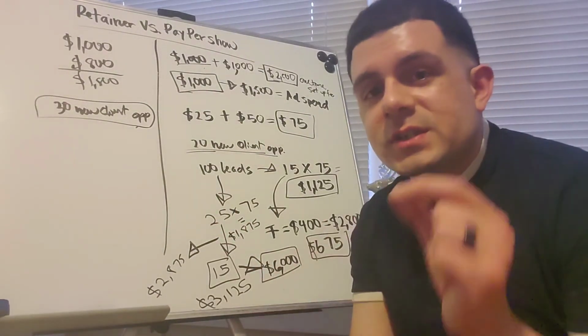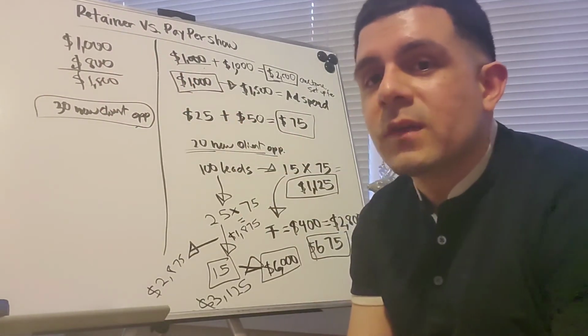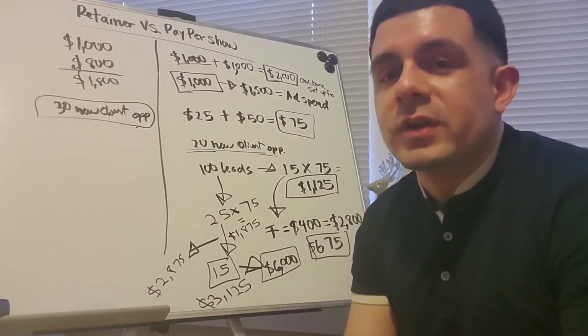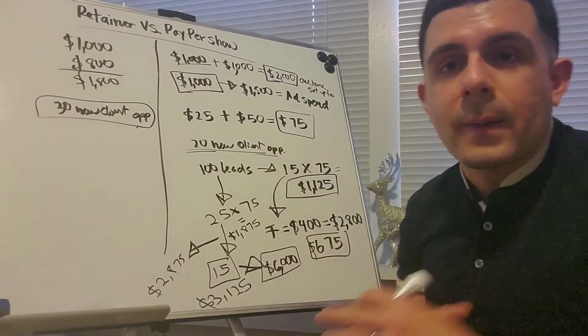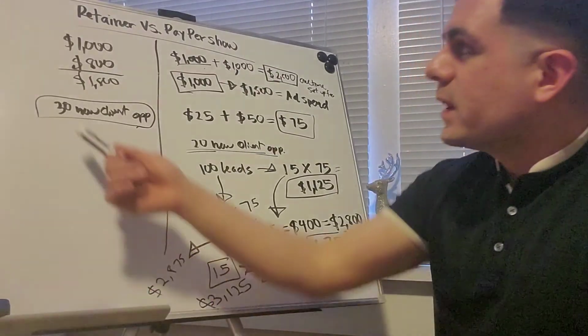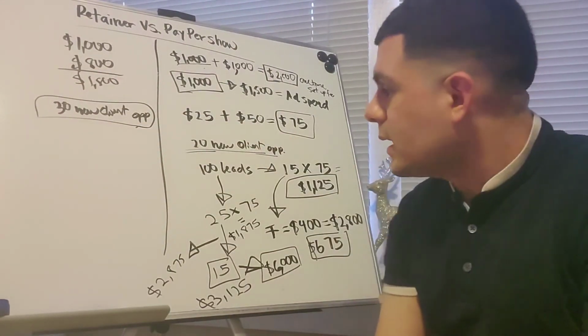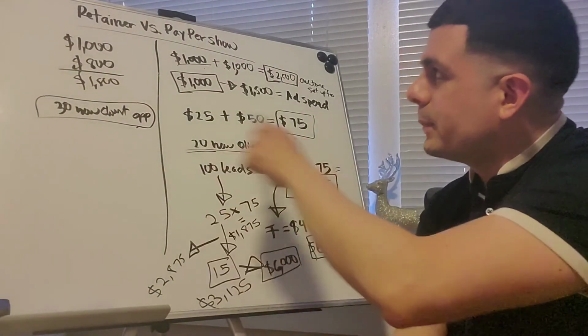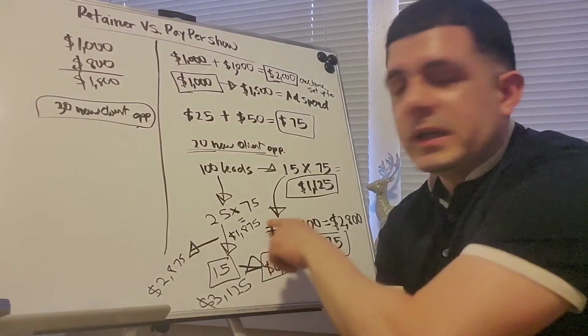However, if you're just starting, definitely start off with the retainer model, because first you want to prove that you're able to generate the leads for your client before you switch to the pure performance base. Because if you don't crack the retainer model first, it's highly unlikely that you crack the pay per show, because you're only going to get compensated strictly if you perform.